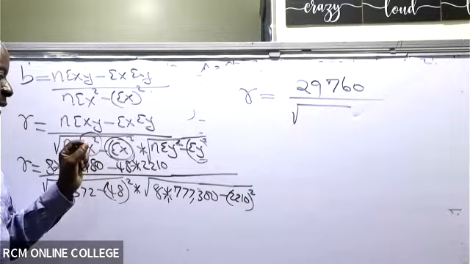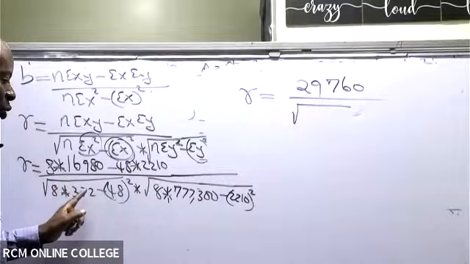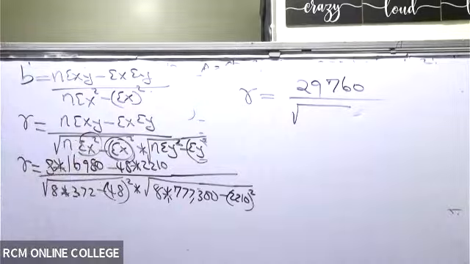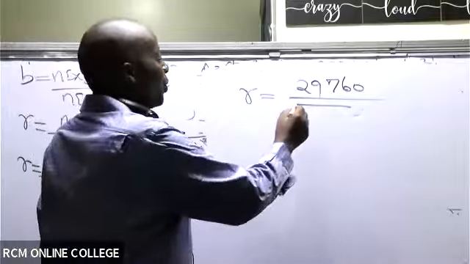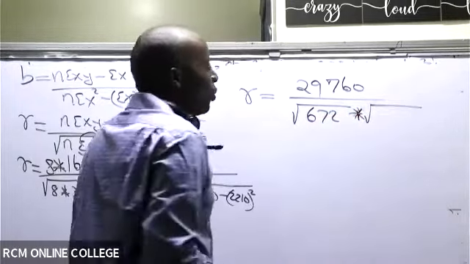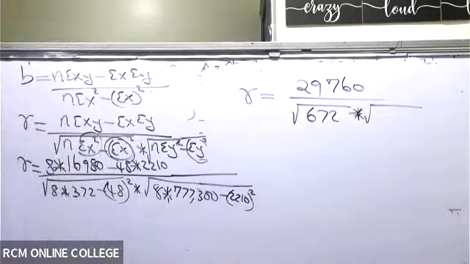Don't take the square root. I just want you to say 8 times 372 minus 48 squared. So she's getting 672. Is there somebody else who is able to confirm that 672? It has been confirmed. Thank you.